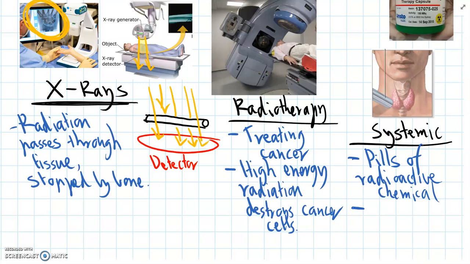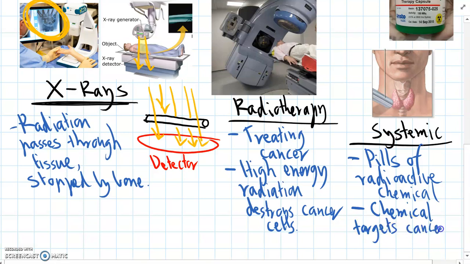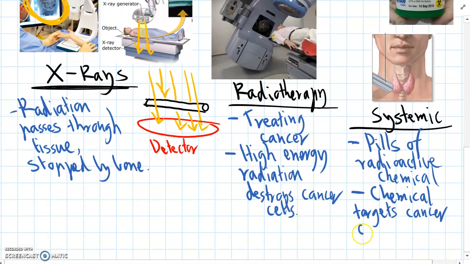And then once it's hit that location, it releases its radiation, but only into the neighbouring area. So hopefully it will destroy any cancer cells that are nearby. So the chemical targets the cancer cells and releases radiation into them.